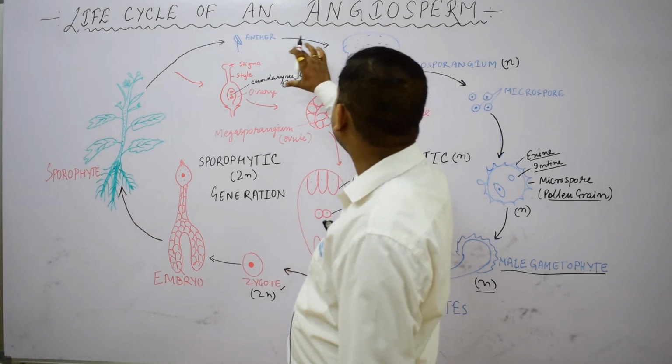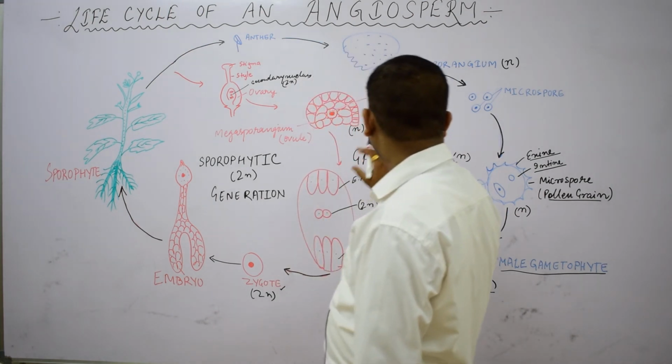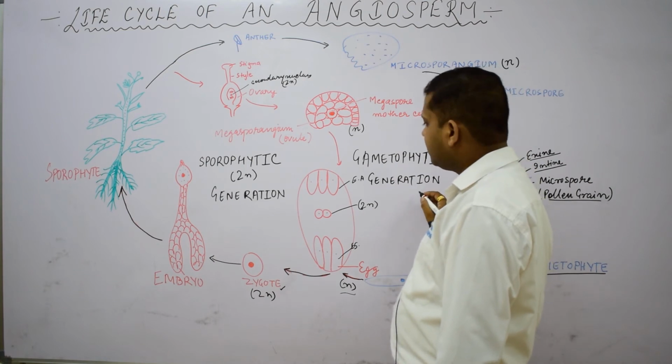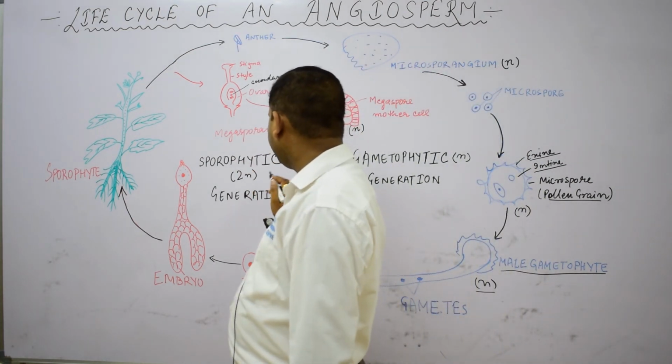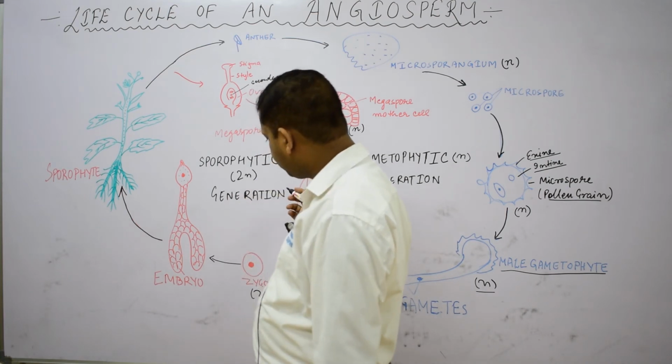The male and female gametophytes are known as the gametophytic haploid generation. So we are now at the sporophytic 2n generation, that is, the diploid generation.